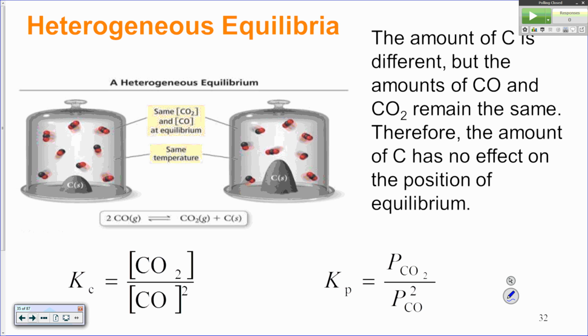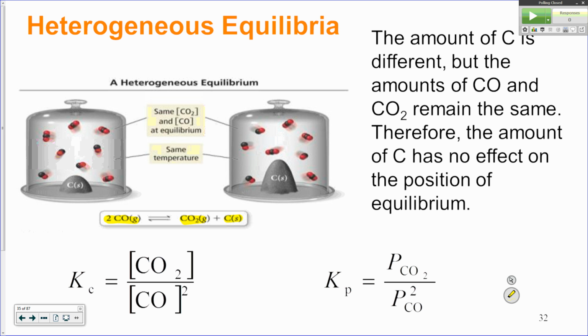So here's an example, just a demonstration. Now we can see that this equilibrium is not dependent on a solid. Look at the heterogeneous equilibrium between carbon monoxide in equilibrium with CO2 and pure carbon, so a lump of coal sitting there.